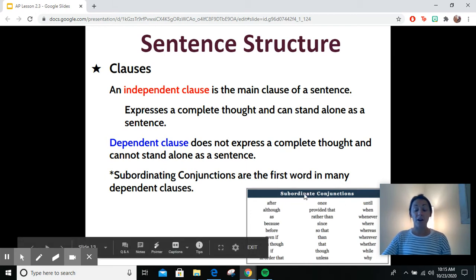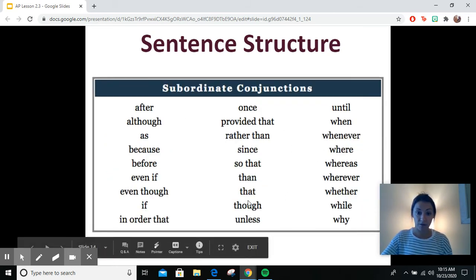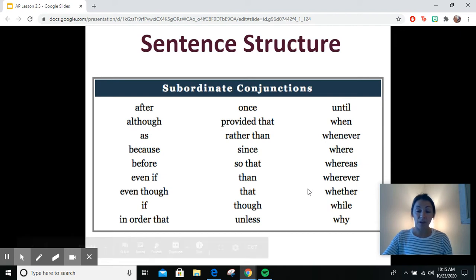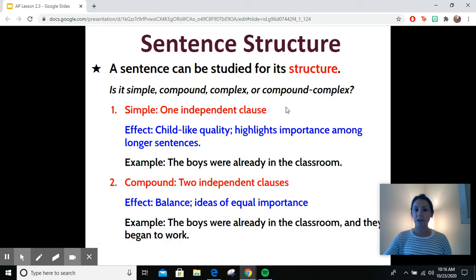So subordinate conjunctions are the first words in many dependent clauses. So when you see one of these words at the beginning of a clause, you know that is a dependent clause. These are going to come into play in a moment here when we learn about different sentence structures. A sentence can be studied for its structure.